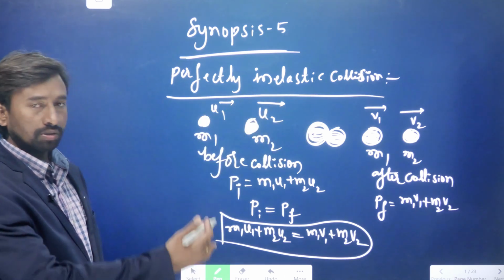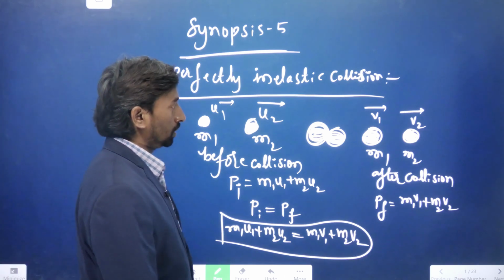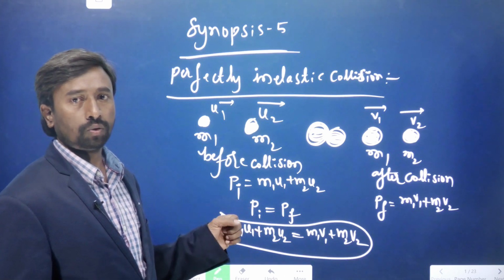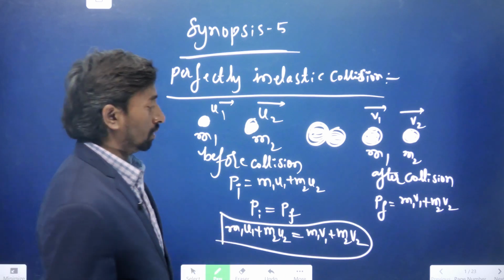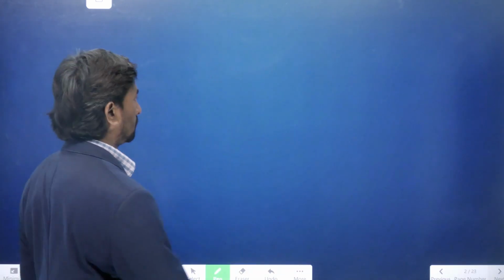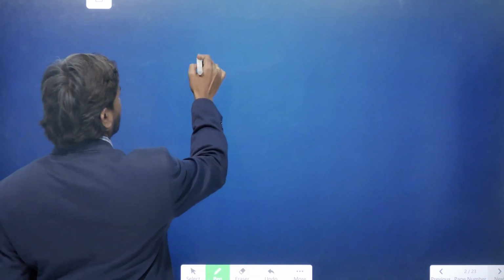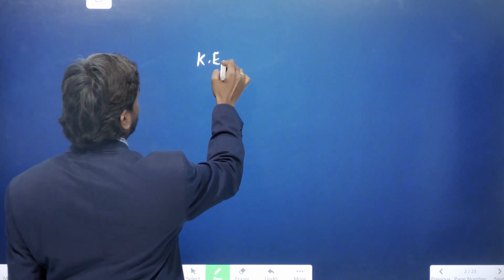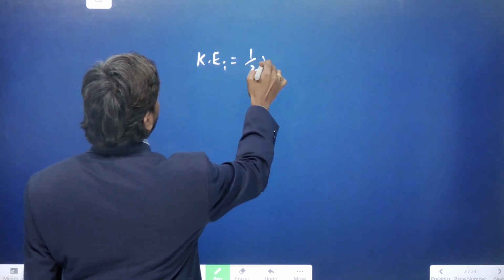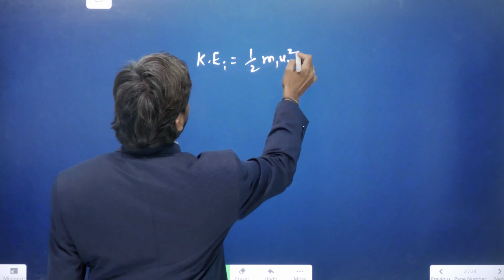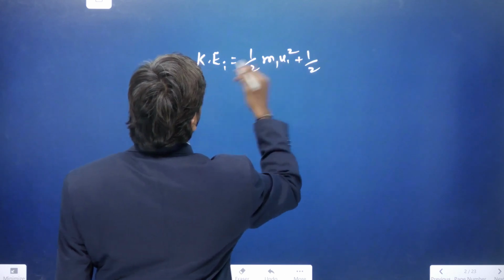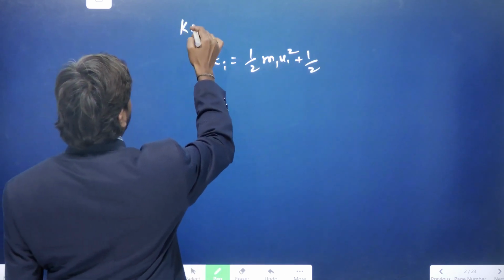Now we'll see the expression for the kinetic energy. In an inelastic collision the kinetic energy is not conserved, so there is a loss of kinetic energy, which can be written like this. Before collision, the initial kinetic energy is half m1 u1 square plus half m2 u2 square.